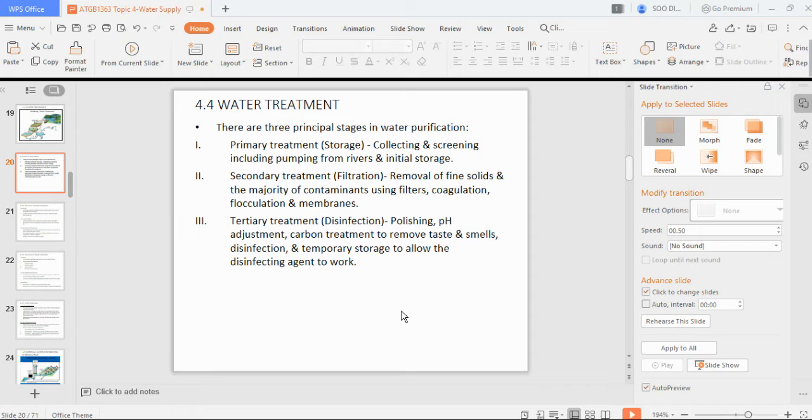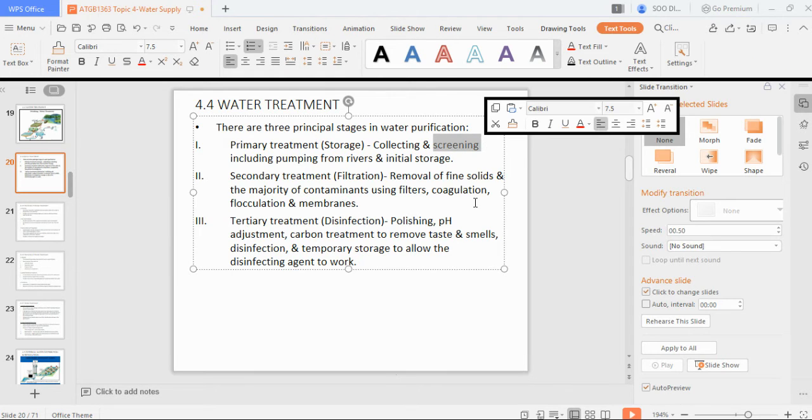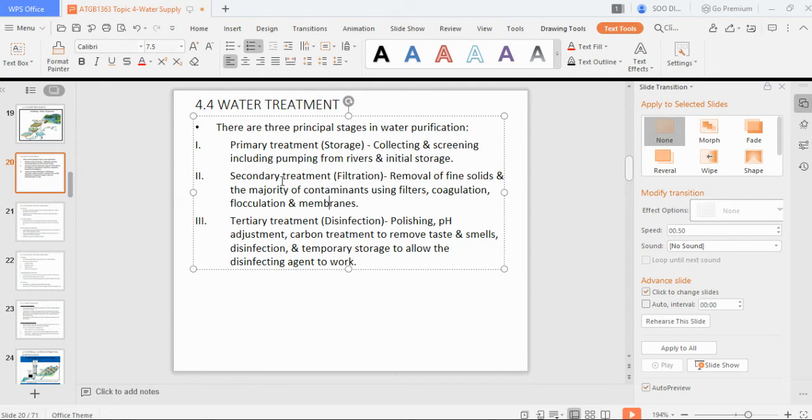For water treatment, there are actually three main stages to treat the water. The first, the preliminary treatment, is to collect and screen the water from the river. We collect and screen it to ensure that it's free from all those inorganic and organic materials. After that, we have our primary treatment, which is filtration.